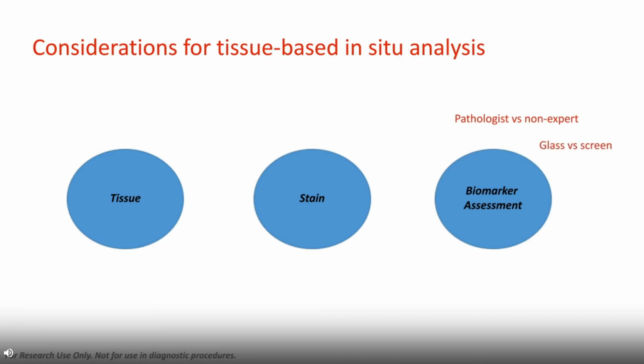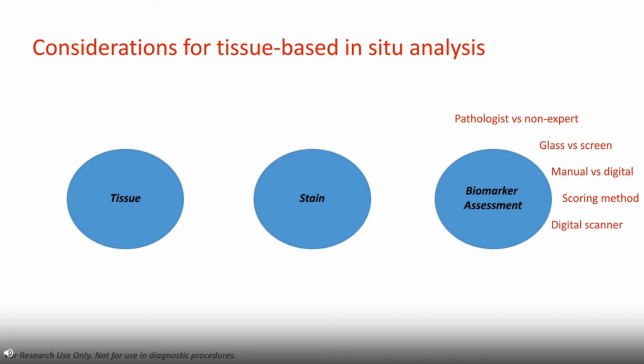Do we do it on the glass, down a microscope, or could we do it digitally at a screen? And if we're doing it digitally at a screen, should it be manual? Should it be digital? And if we're doing it in these methods, what's our actual scoring method? Are we using percentage? Are we using area? Are we using number of positive pixels? What difference does that make for the pathologist or the image analyst conducting this research?